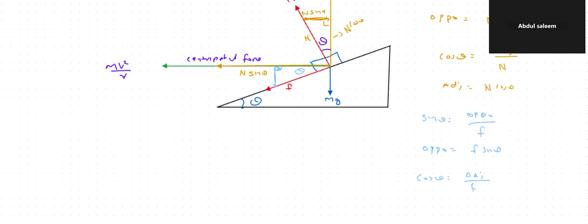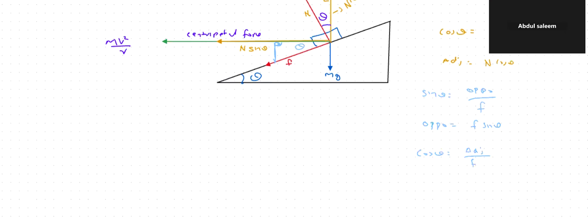From this relation, the adjacent side equals F cos theta. And the opposite side, in the downward direction, is F sine theta. This opposite side is the same here also. It's a vector, so we can move it without altering the angle. It's also F sine theta.